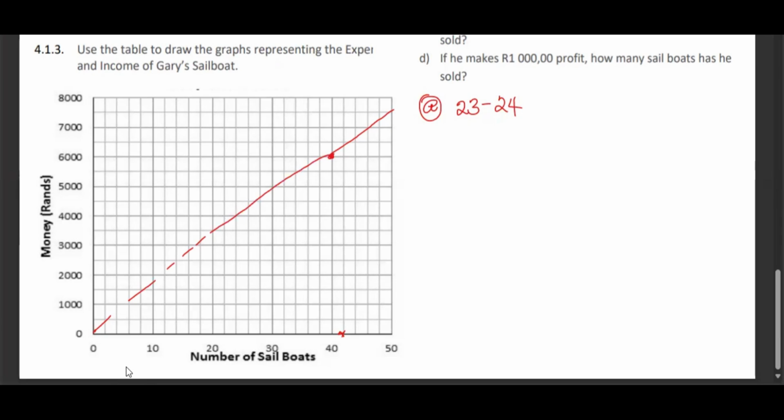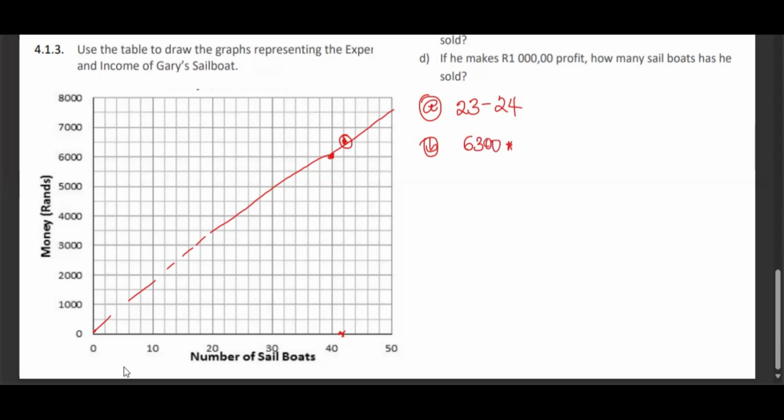At 42, approximately, I'm looking at income, approximately 6,300.